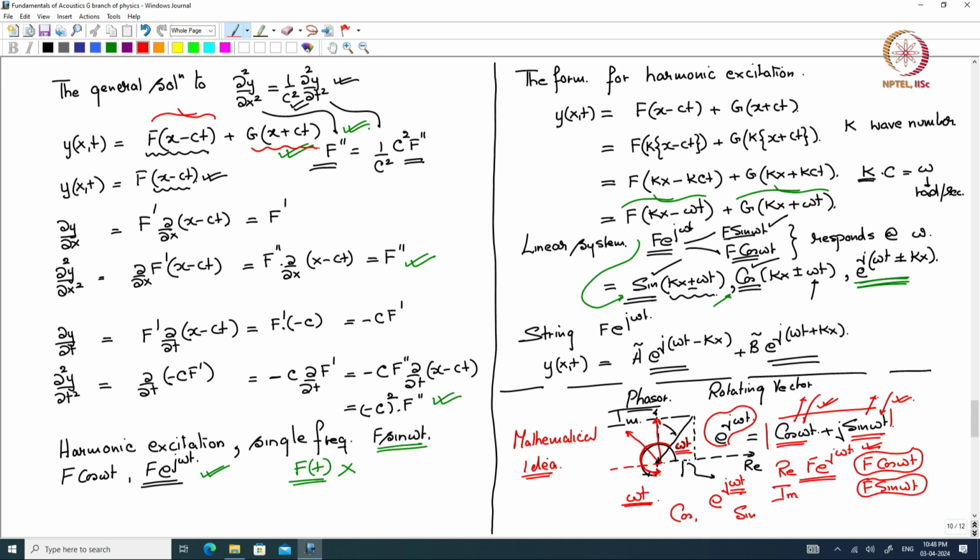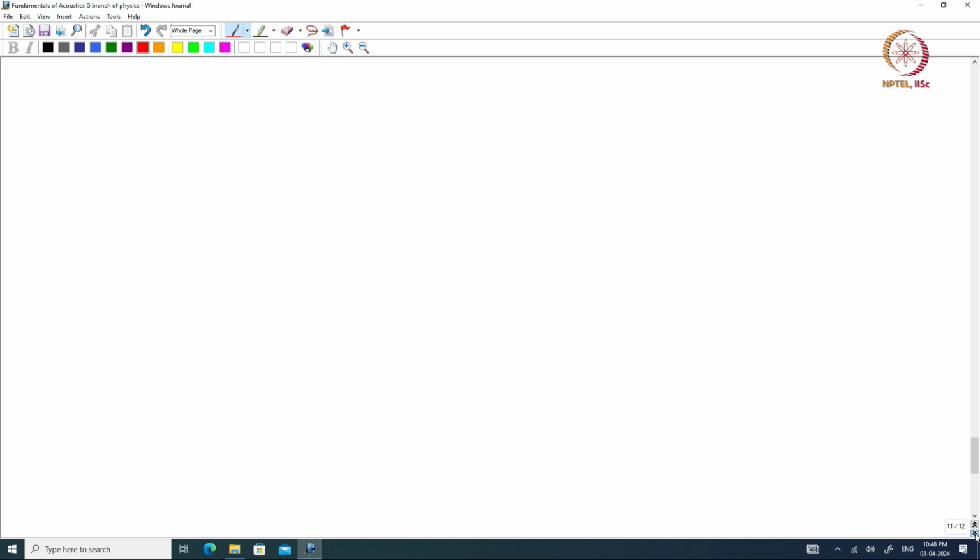So, now this mathematical idea we will translate it to a physical system, which is a slider crank mechanism, and to this mass I have a spring attached of infinite length.